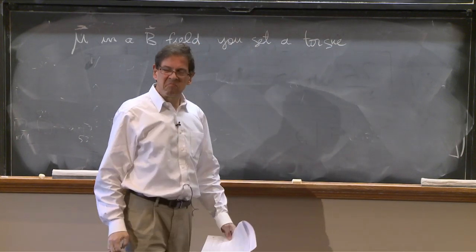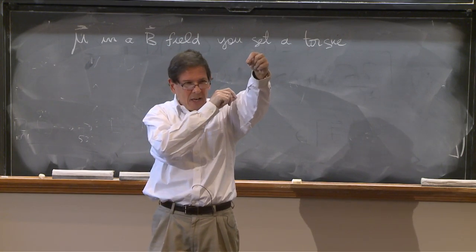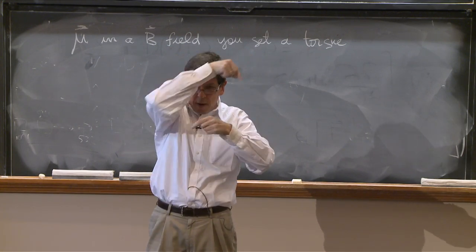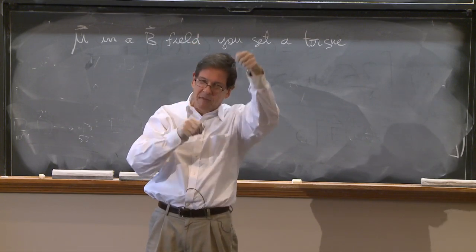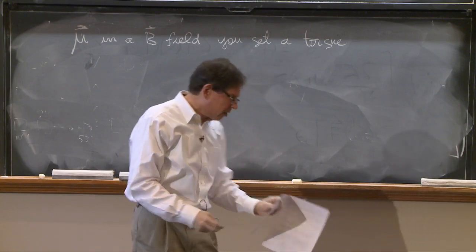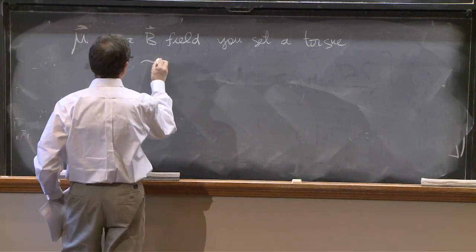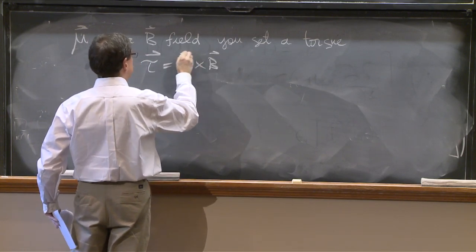And that you can easily convince yourself. I'm sure you've done the computation in 8.02. You have a little square wire not aligned with a magnetic field. You calculate the force on one side, the force on the other. You see that there's a torque. And the torque is given by mu cross B. That's E and M.